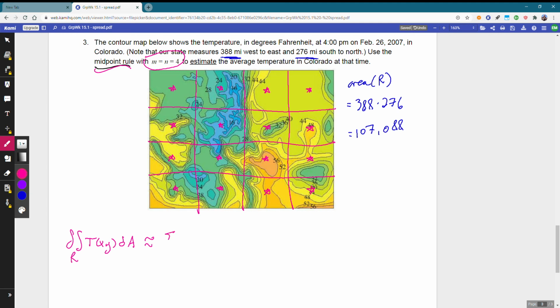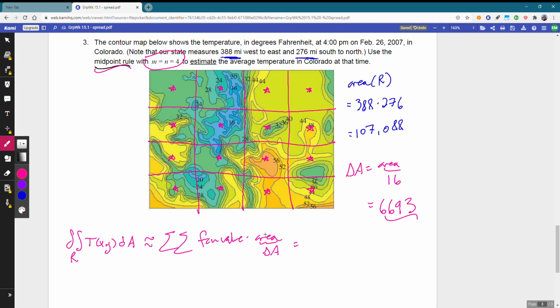It's the double sum of our function values times the area of our subrectangles, the delta A. And so we can figure out delta A. That's going to be our area divided by 16, since we have 16 subrectangles, and that's 6693. It's the area of each of our subrectangles.